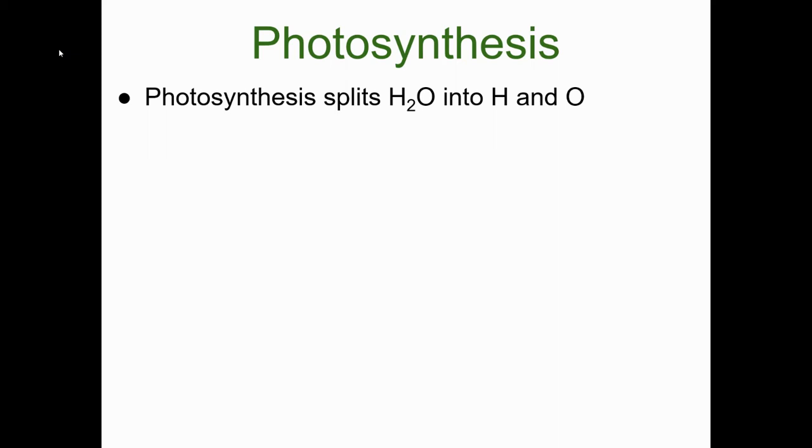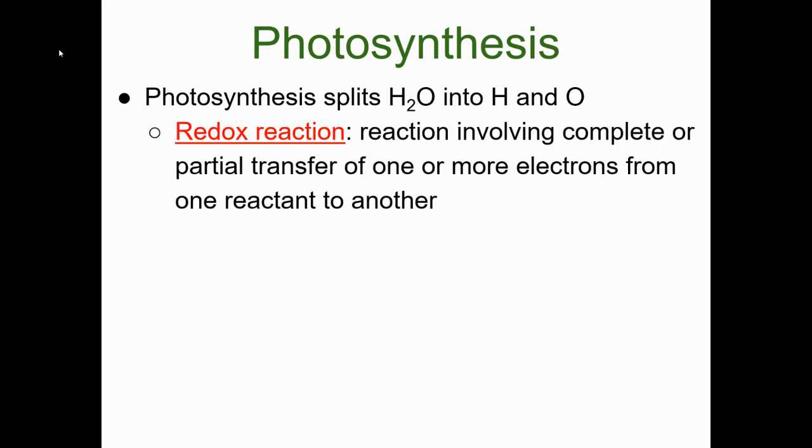Okay, so we were talking about photosynthesis, the reactants, the products. So now we're going to go through generally what happens in photosynthesis. In photosynthesis, we're going to split water into hydrogen and oxygen. So two hydrogen and oxygen. And then what's going to happen is a series of what are called redox reactions.